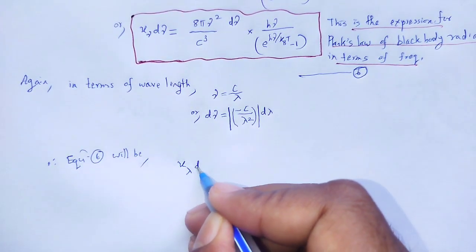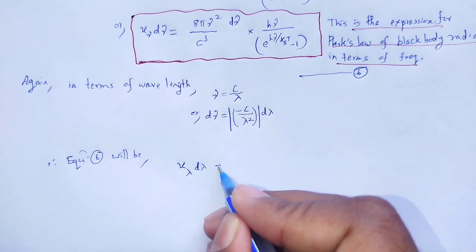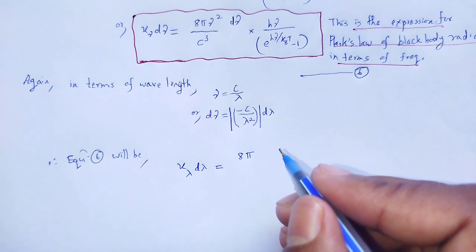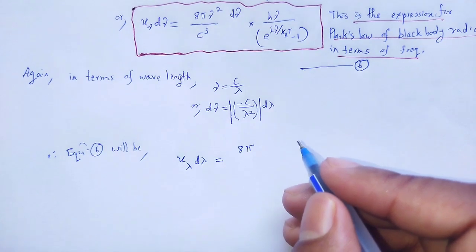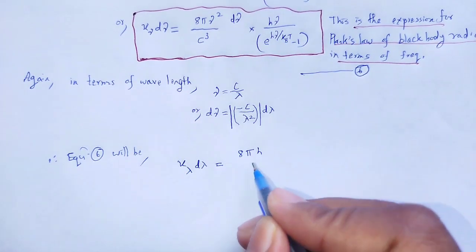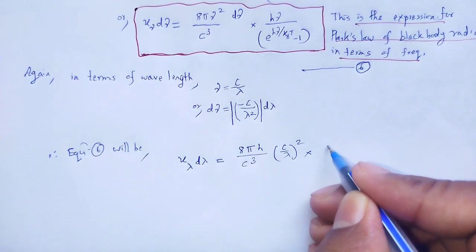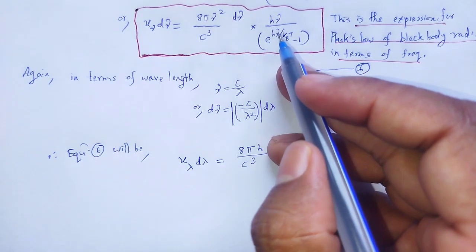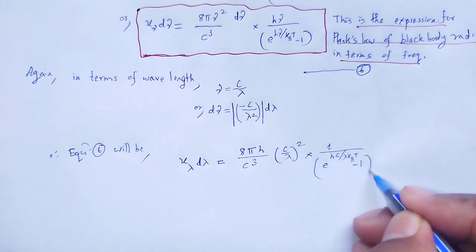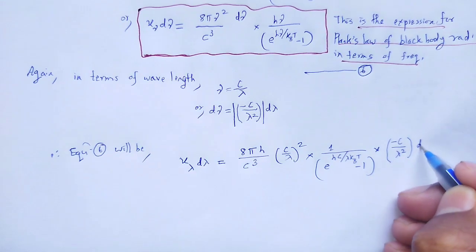Equation 6 will be u lambda d lambda, the energy density in the wavelength range lambda to lambda plus d lambda, is equal to 8 pi h divided by c cube, in place of nu, c by lambda whole square, into 1 divided by e to the power h c by lambda kBT minus 1, into minus c by lambda square d lambda.